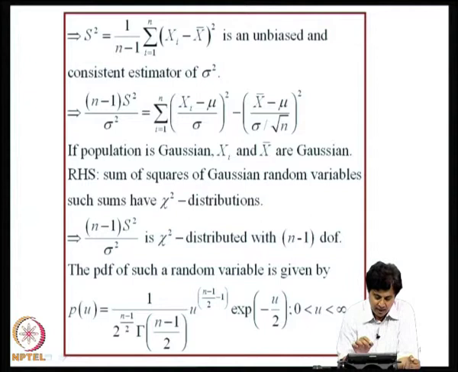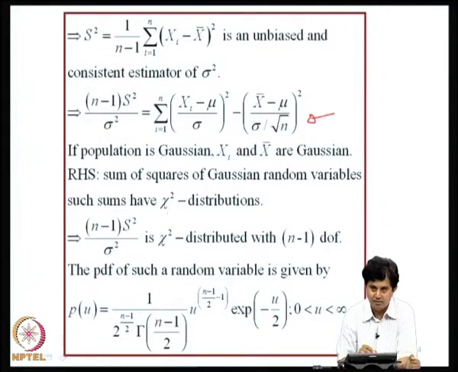Now, what is the objective of our discussion? The objective is to arrive at the sampling distribution for variance. So, I will rearrange these terms and rewrite this as n minus 1 into s square by sigma square, in this form. If the population is Gaussian, xi and x bar are Gaussian, then this RHS will be a sum of squares of Gaussian random variables and such sums have a distribution known as chi-square distribution.